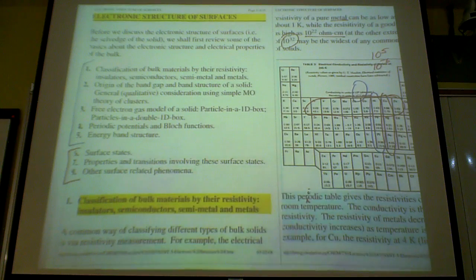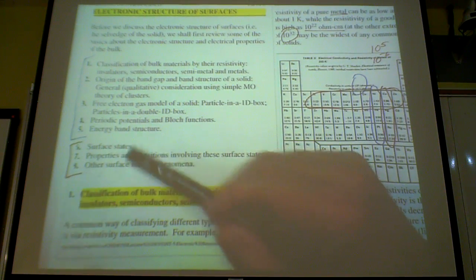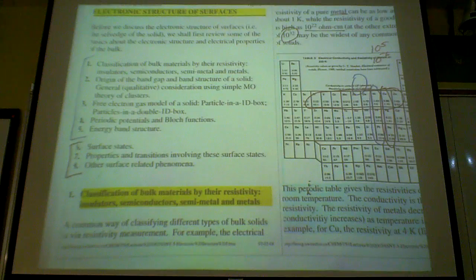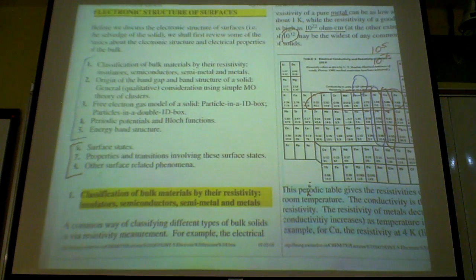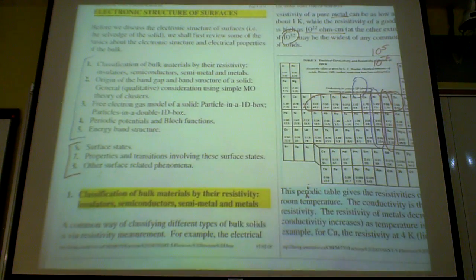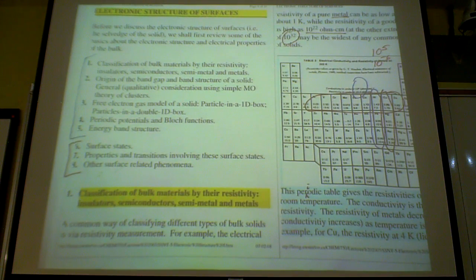And I added 3 topics specifically related to surfaces, the concept of surface state, right? What is surface state? How is this important? Surface state is very important because this is what distinguishes nanomaterial from bulk material, because there's a large amount of surfaces, and therefore there are a large amount of surface states, and surface states will enable chemistry and give you interesting properties because of this origin of the surface states.